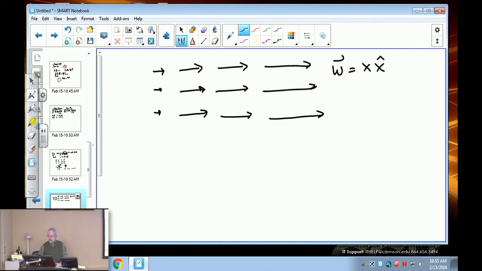Now let's draw a field that has no divergence but only curl. That would be this field. As I get farther from the x-axis, as y increases, I get a stronger vector, but it only points in the x direction. And so I get something that looks like this.